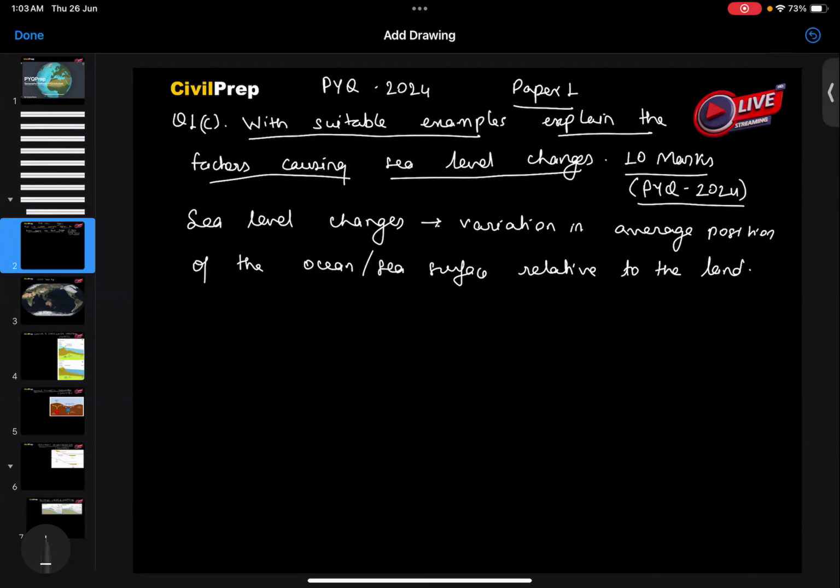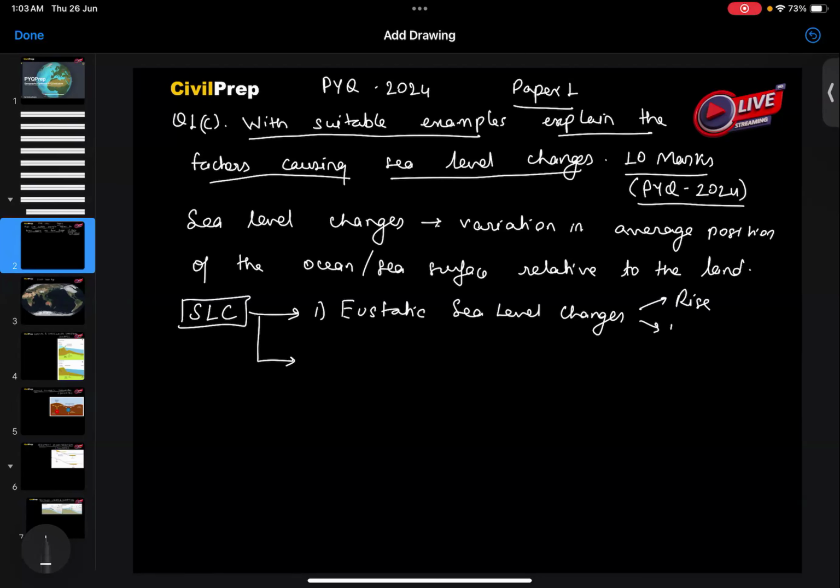Now the sea level changes can be understood from two perspectives. Number one, eustatic changes, or eustatic sea level changes. Here, the rise of sea level as well as the fall of sea level can occur.